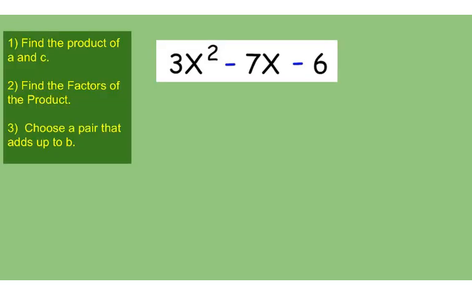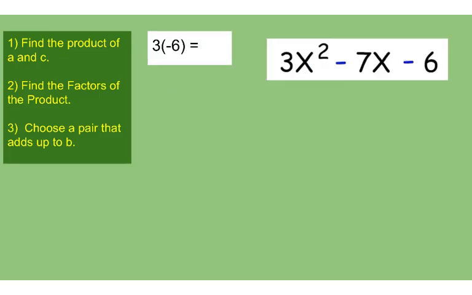So we're going to follow certain rules. The first is to find the product of a and c, or multiply them, and negative 6 times 3 is going to give us negative 18.